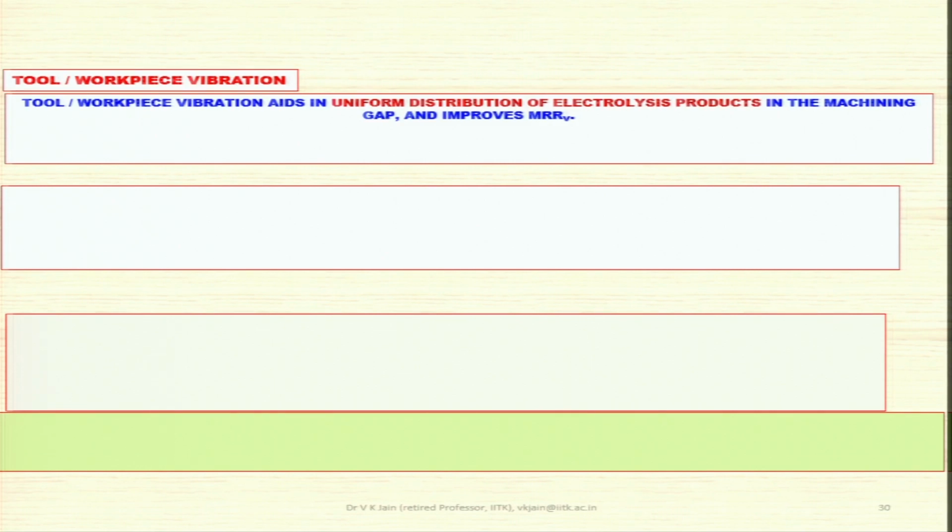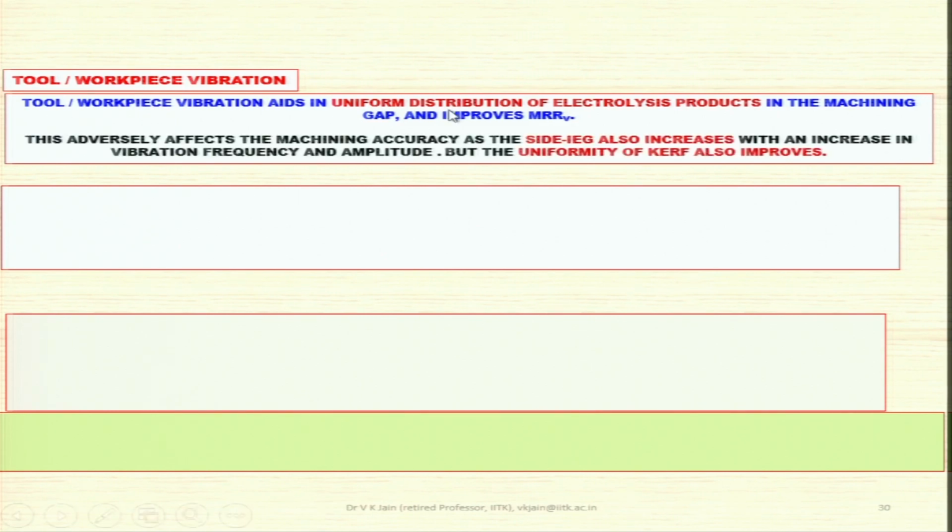That is why it increases the material removal rate, as given over here. This adversely affects the machining accuracy, as the side inter-electrode gap also increases with an increase in vibration frequency and amplitude, but the uniformity of kerf also improves.